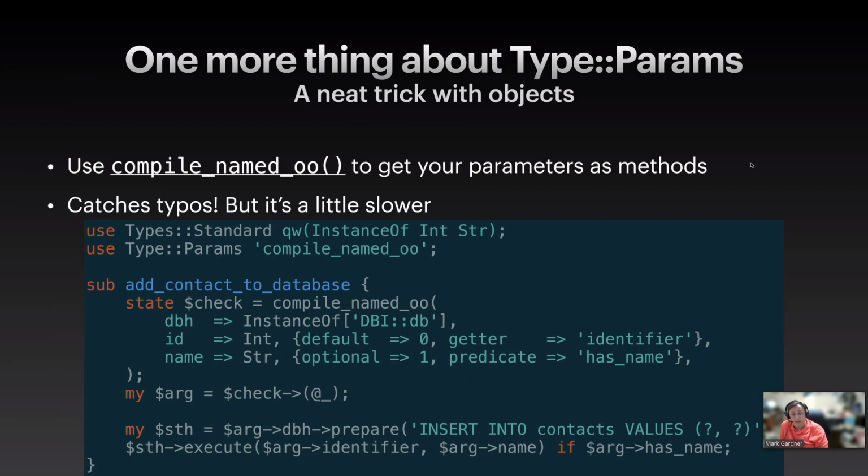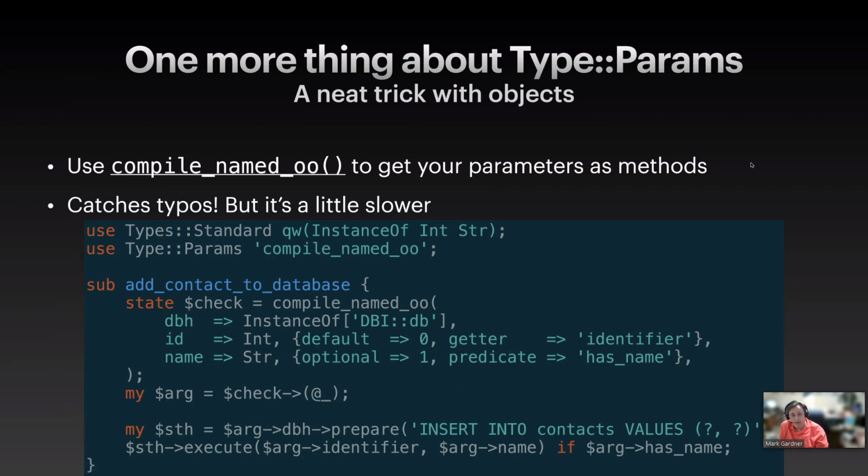execute it, on the next line, on these other arguments that I've turned into methods. You can even tell it to use your own getter instead of the parameter name as the method name. It's a getter method instead of the parameter that you pass. So here I'm turning ID into identifier.